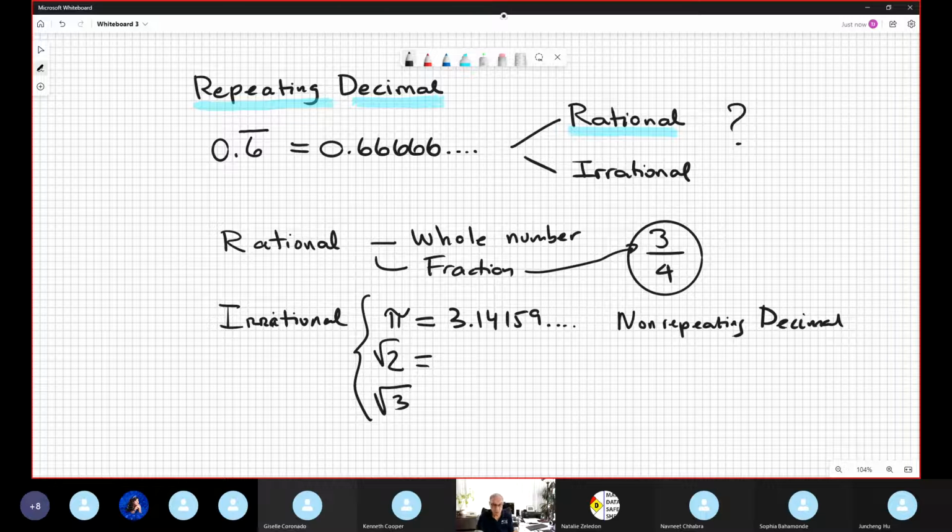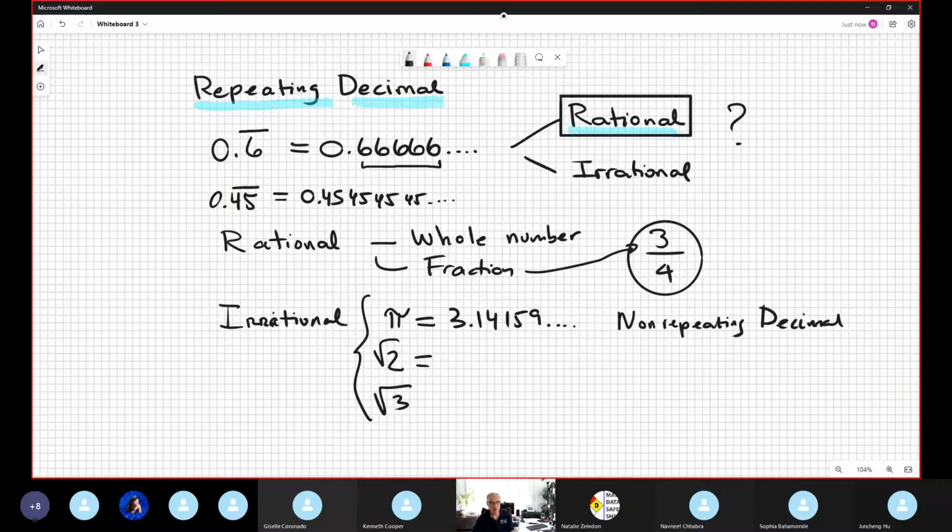Therefore, when you arrange this, it never gives me a fraction. However, we also have infinity but repeated, not necessarily equal. Another example is 0.45 repeated, 45, 45, infinity 45. This is rational, and we can get a fraction associated with this number.